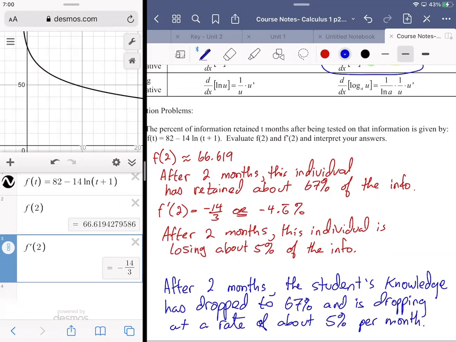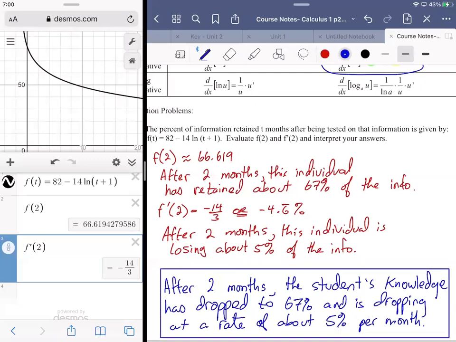All right, so that's really just taking the two ideas and putting them together.